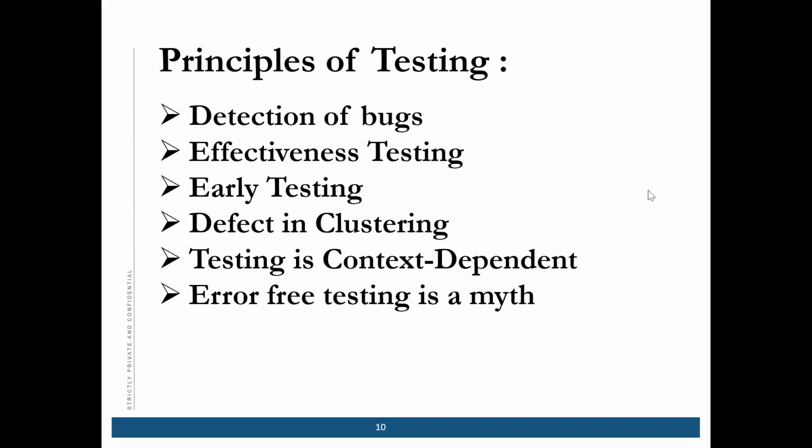There may be very minor errors, like priority 4 or priority 5, which we will learn about. Whoever doesn't know priority, it means minor defects could be present even though we have delivered our project.